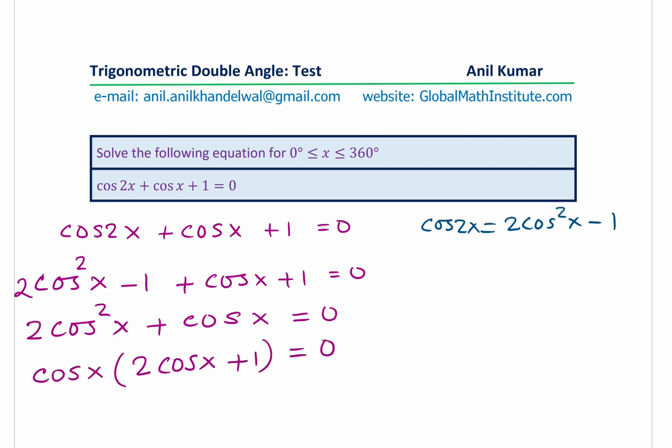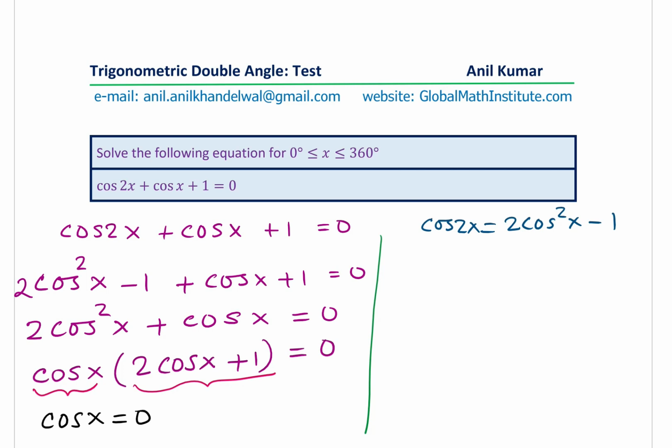Now from here you get solutions for cos x equals 0 and 2 cos x plus 1 equals 0, correct? So let's figure out what the solutions are. We'll try to solve the first one, which is cos x equals 0.